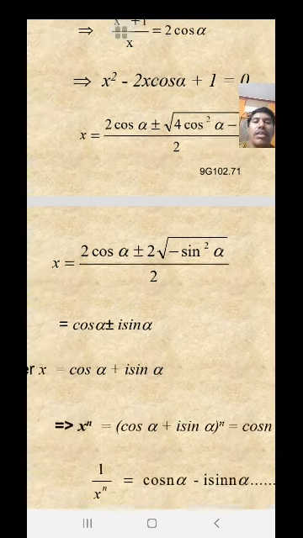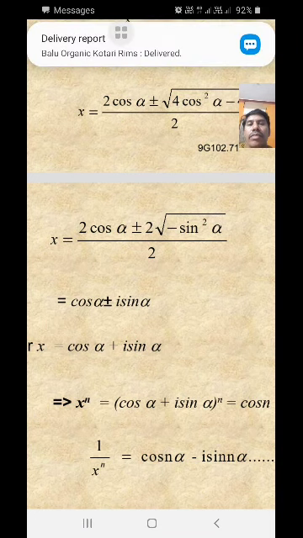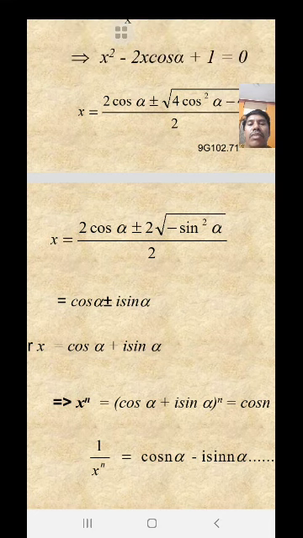Next, that equals 2 cos alpha plus or minus 2 into under root of minus sine square alpha, whole divided by 2, and that equals cos alpha plus or minus i sine alpha, because under root of minus sine square alpha is under root of minus 1 into under root of sine square alpha.